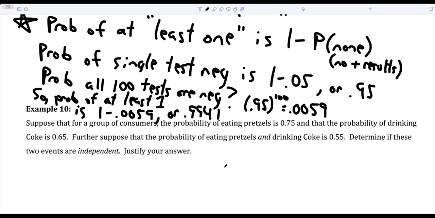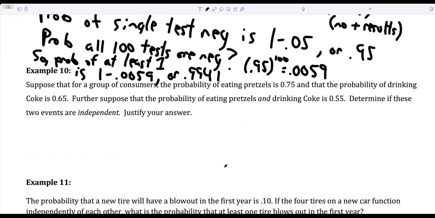Okay, so a couple more here quickly. Suppose that for a group of consumers, the probability of eating pretzels is 0.75, the probability of drinking Coke is 0.65, and further suppose the probability of eating pretzels and drinking Coke is 0.55. Determine if these two events are independent.